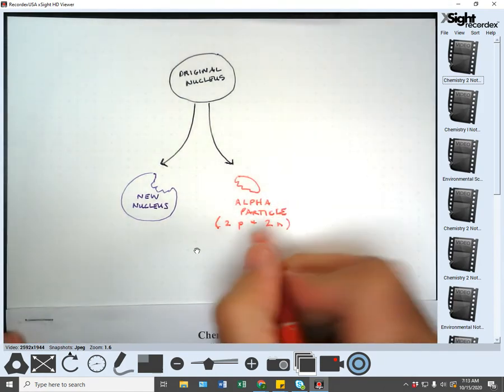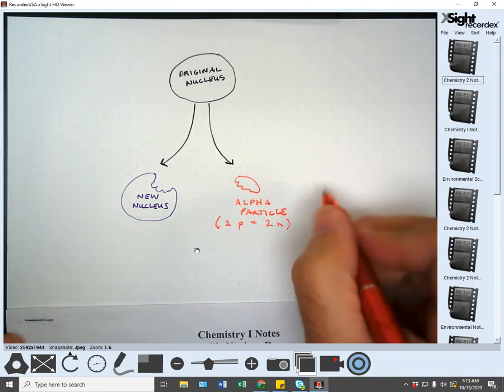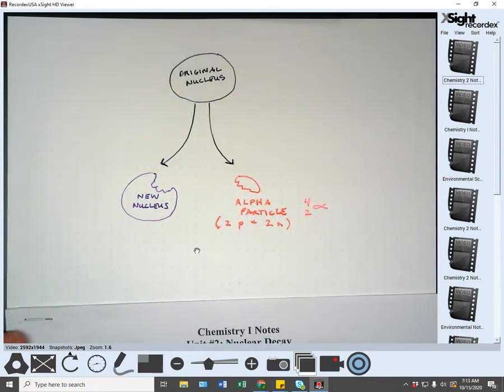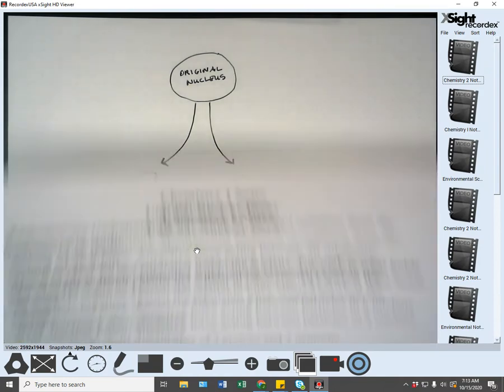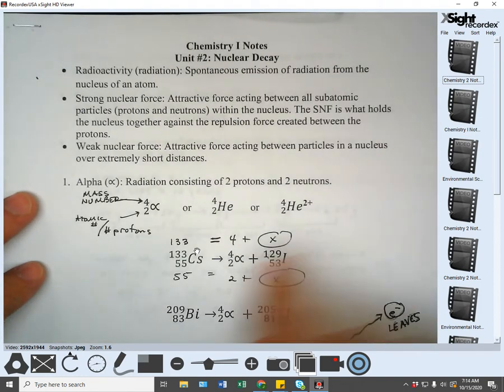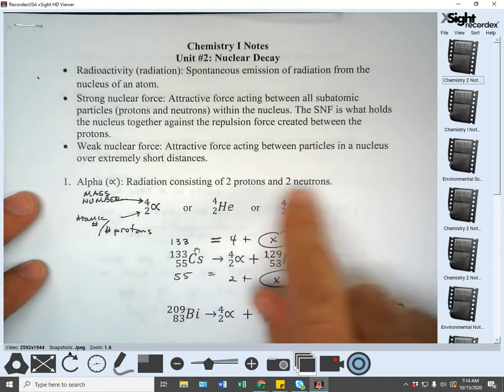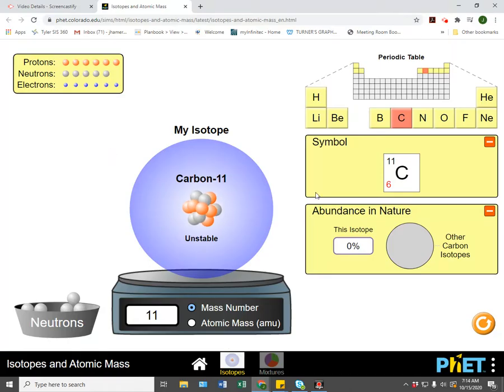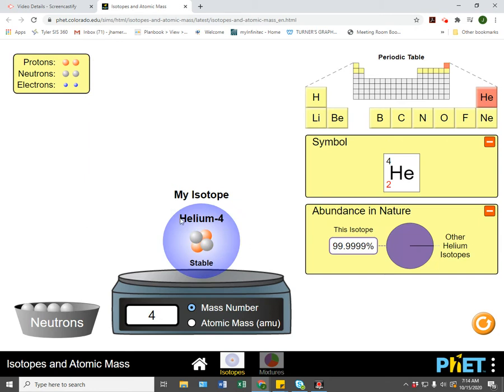That's from the text there, but if I were writing the alpha particle, it would look like this: 4, 2, and then kind of like that. Okay. So alpha particle, sometimes you'll see it written like this because if we look here, helium, what is helium? Well, 2 protons, 2 neutrons, 2 electrons. So look at the symbol here, 4/2 He. 2 protons, 2 neutrons.